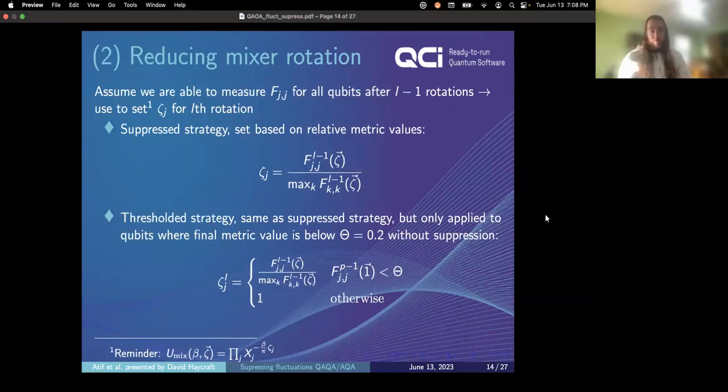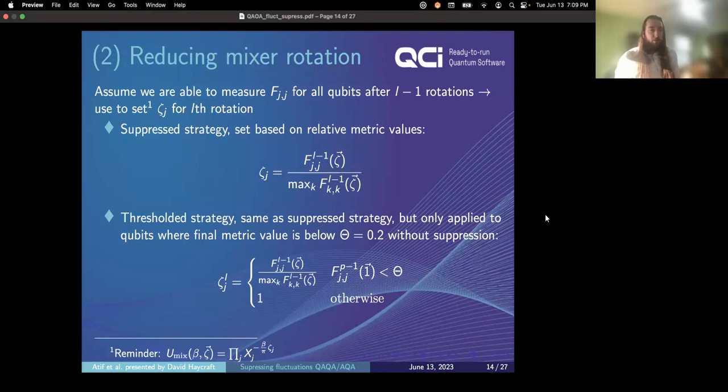Assuming we're able to measure the Fubini-Study metric for all qubits after L-1 rotations, we can use it to set the zeta j for the Lth rotation. The suppress strategy involves setting it based on the relative metric values: using the previous stage's Fubini-Study metric for a given qubit over the max across all qubits, we can set zeta j.